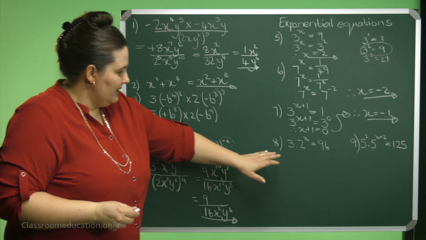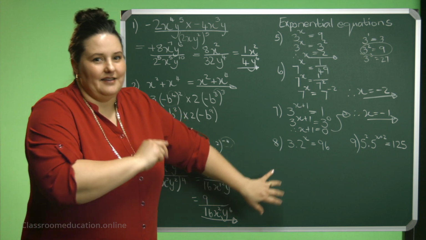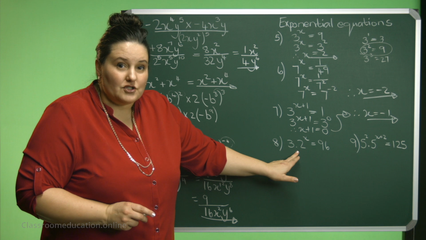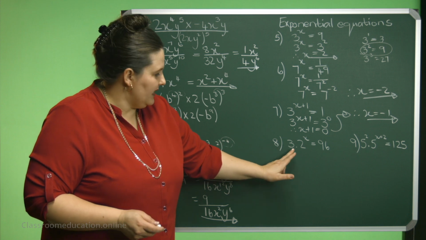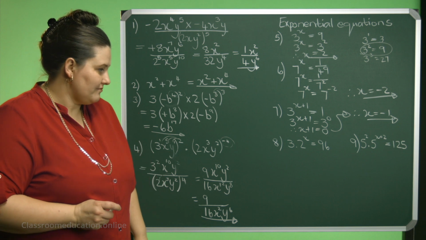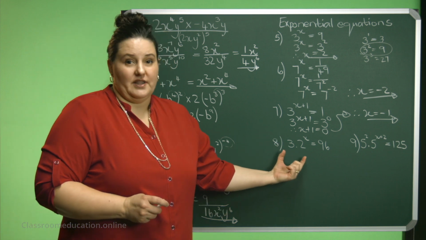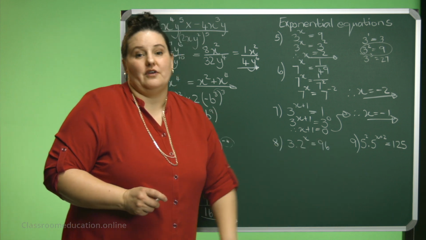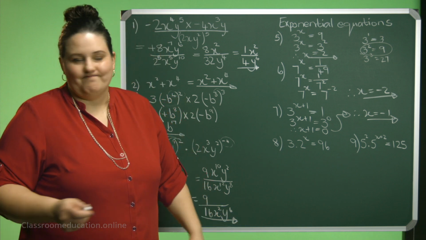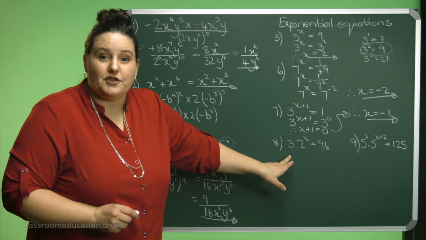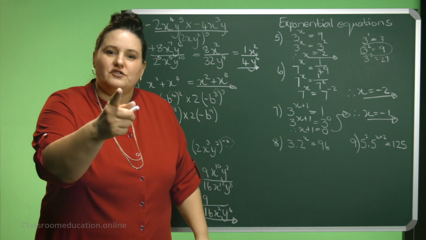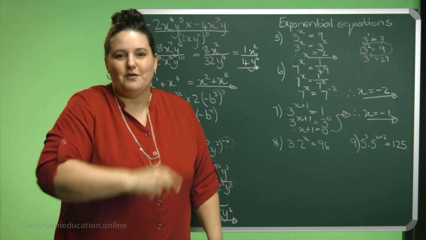Okay. Number 8. Again, a quite interesting one here. 3 times 2 to the power of x equals 96. It's not decimal, it's times. I have one term on the left-hand side and one term on the right-hand side, but are the bases the same? Can I say 3 times 2? No, please don't, because then you're not applying the laws of exponents anymore.